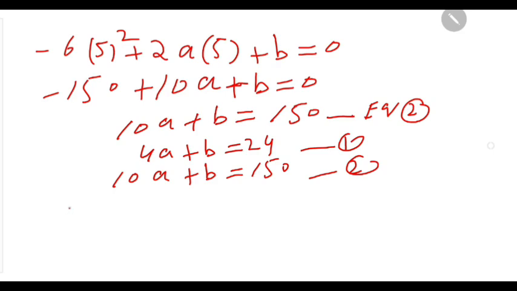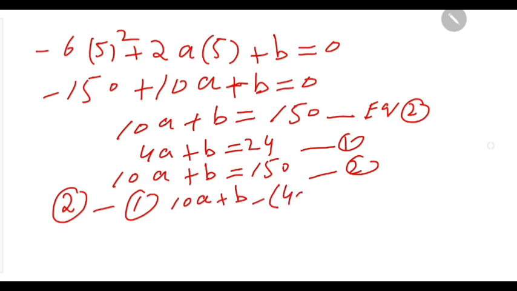So I'm going to subtract equation number 1 from equation number 2. So we get 10a plus b minus 4a plus b is equal to 150 minus 24.